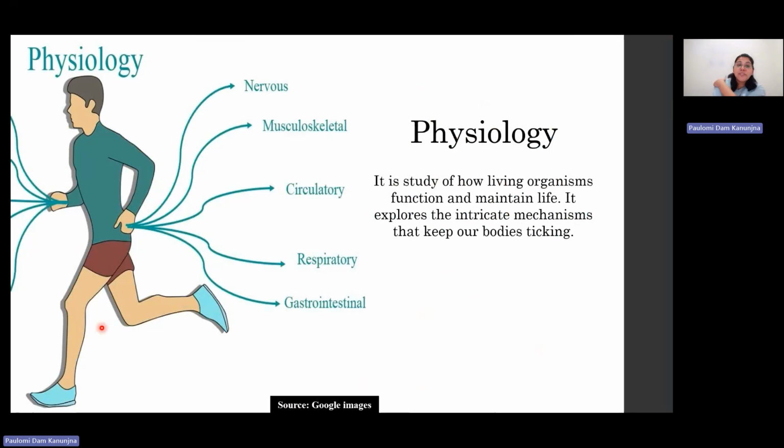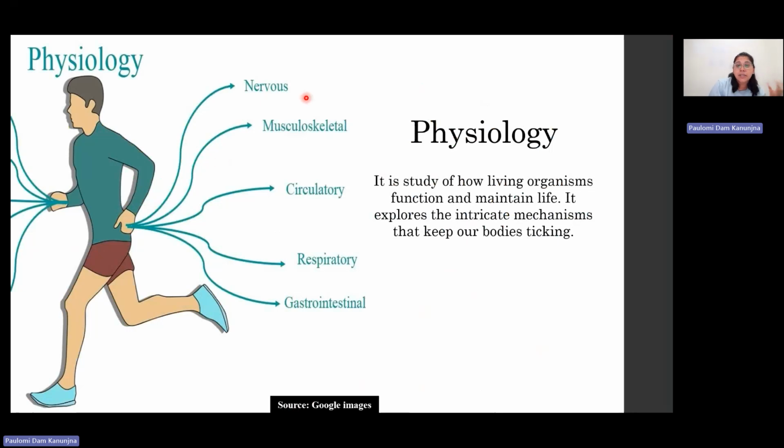To understand what physiology is, physiology is basically the study of how living organisms function and how they maintain life. So all these systems, how together they function and maintain life, maintain how we are surviving. That's physiology. And it explores how the mechanisms are going on, which are basically letting us live.